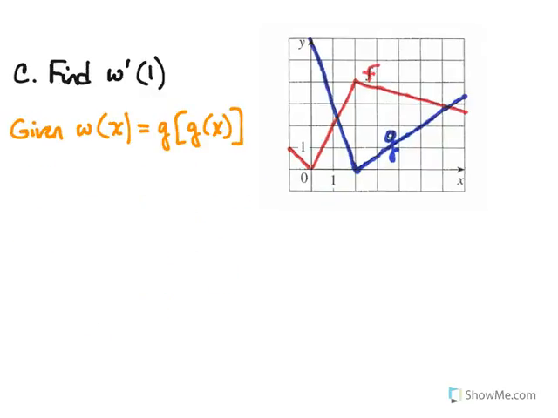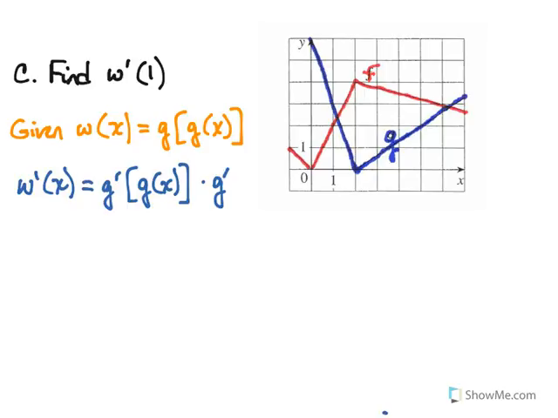So let's look at one more involving, this time, the w function. Now the w function was given to be the composite function g of x. So when we go to find the derivative using the chain rule, starting on the outside, and then going on the inside, one derivative at a time, remember.